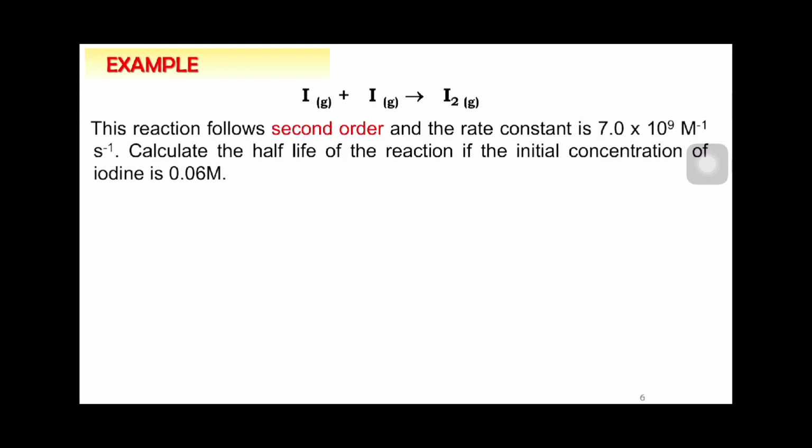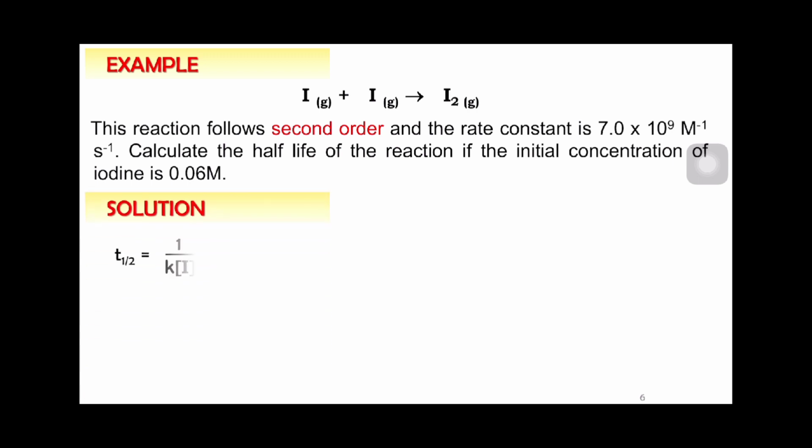Next example. This reaction follows second order and the rate constant is 7 × 10^9 per molar per second. Calculate the half-life of the reaction if the initial concentration of iodine is 0.06 molar.